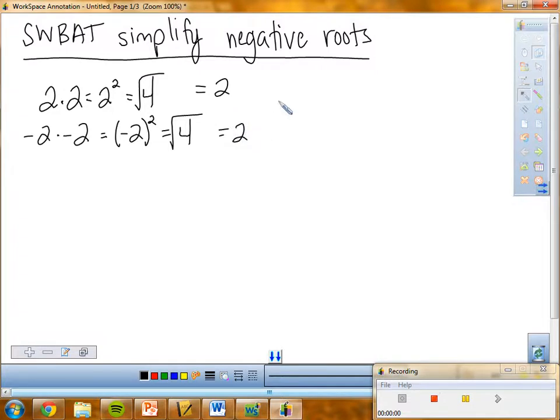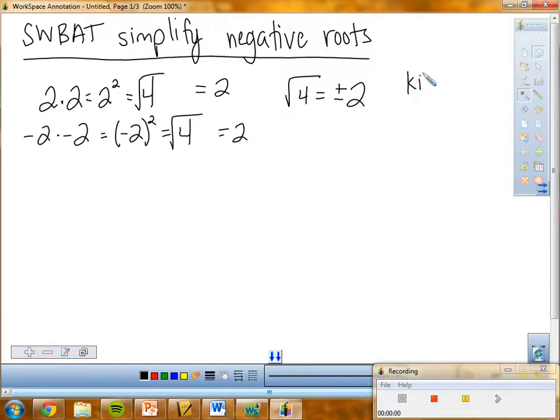If we're being really accurate, we would say that the square root of 4 is plus or minus 2, because we just showed that a positive times a positive gives us our positive 4, or our negative times a negative also gives us a positive 4.